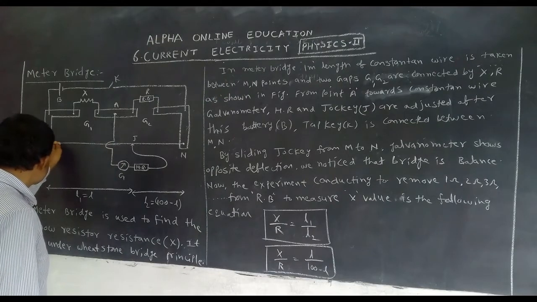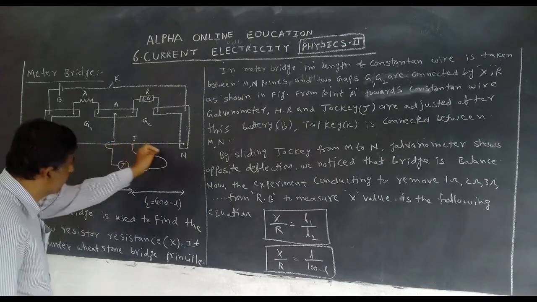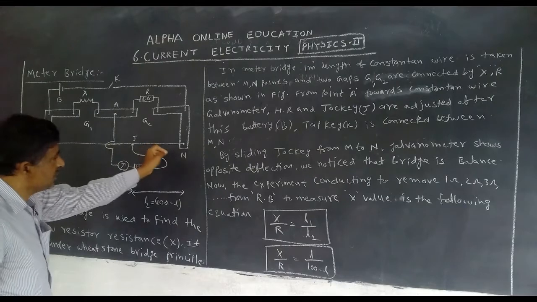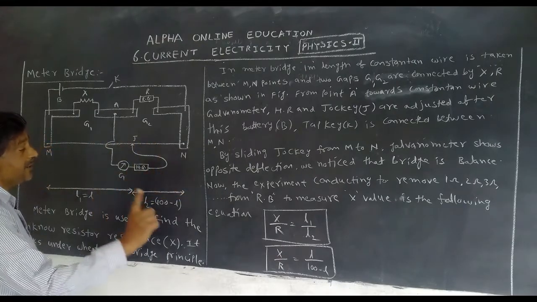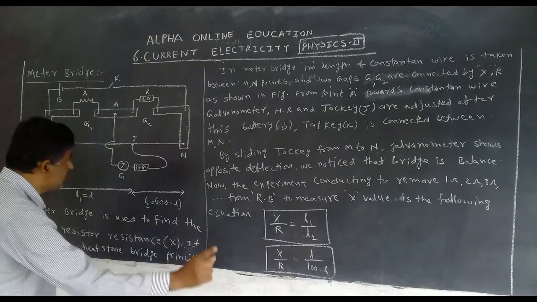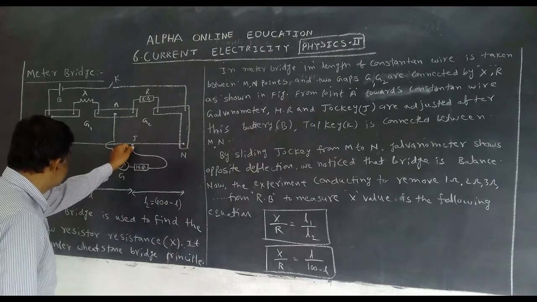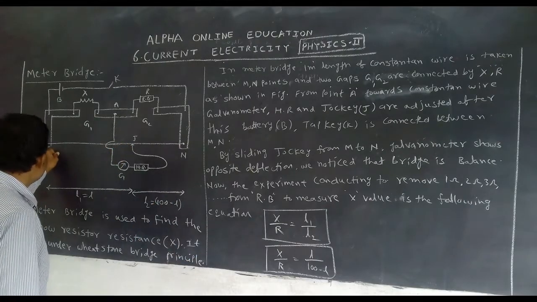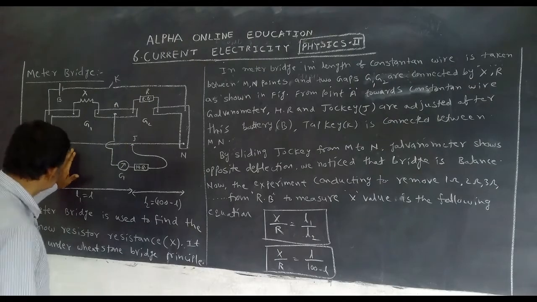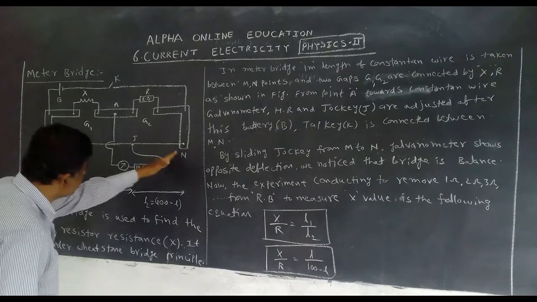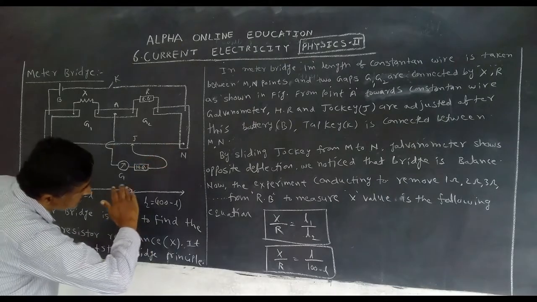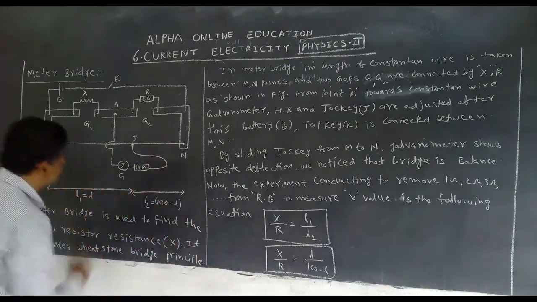After that, this is the jockey. We want to slide the jockey. When we slide the jockey from M to N, the galvanometer shows opposite deflection. If you take the jockey here, the galvanometer shows a deflection on this side.